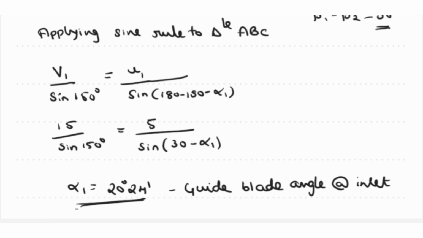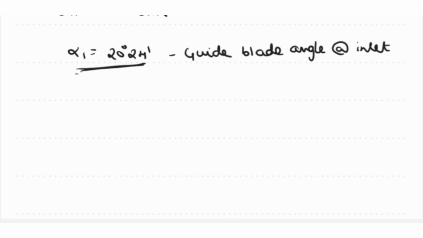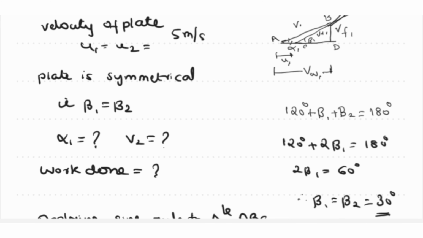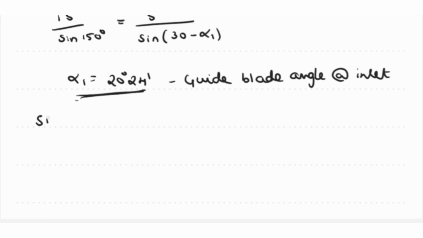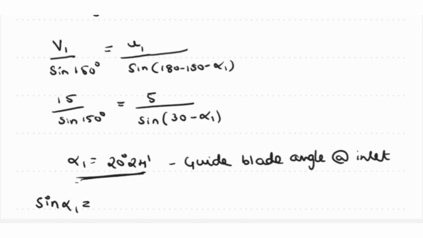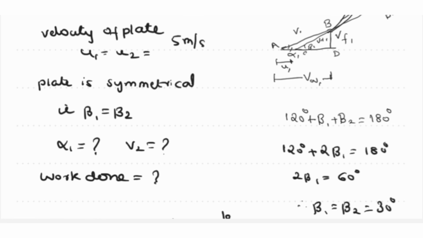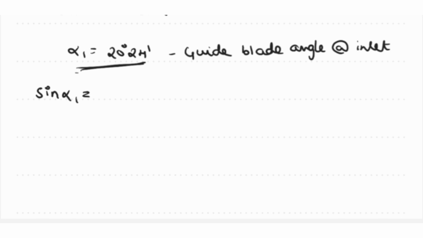Now we should calculate the value of VW1 and VF1 as we calculated in the last problem. So here alpha 1 is known, V1 is known. So we can apply sin theta and cos theta to the triangle BAD or ABD. So I will apply sin alpha 1 is equal to opposite side VF1 divided by hypotenuse V1.